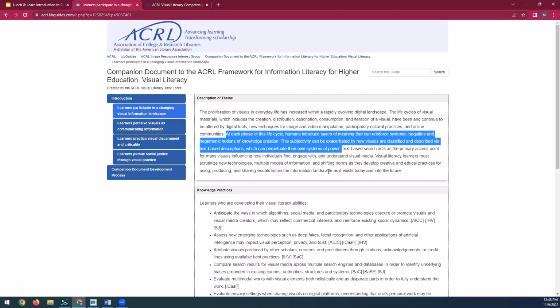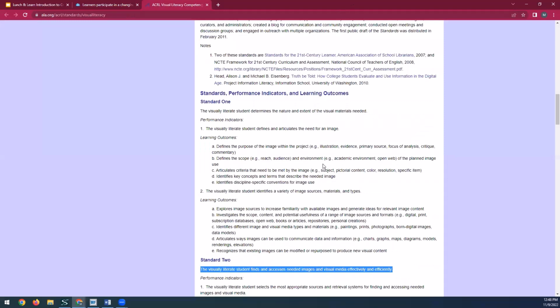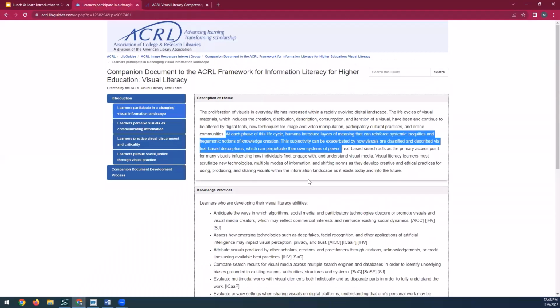So students are learning things that are quite different than what they were learning before. A visually literate student, yes, can articulate the need for an image, but visually literate students in this digital age would also understand the relationship of power that an image brings with it.